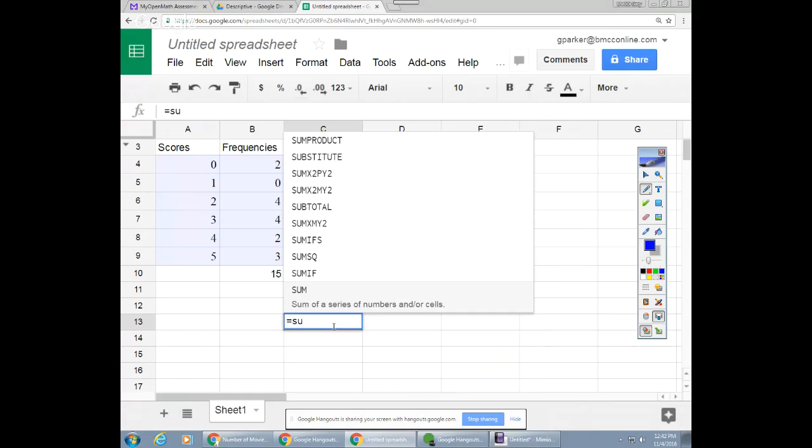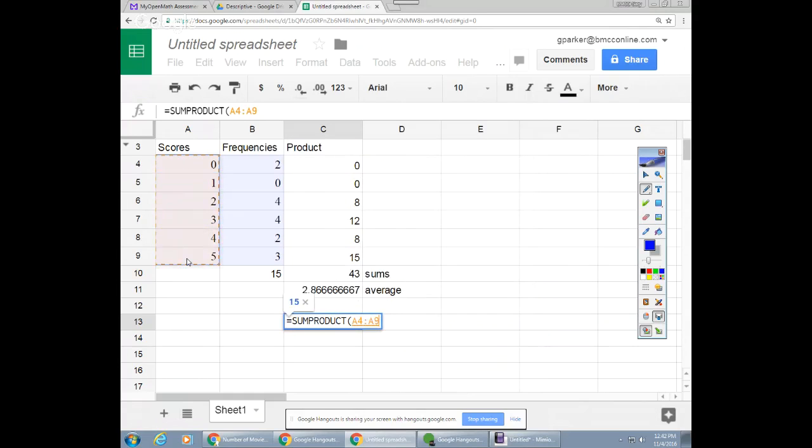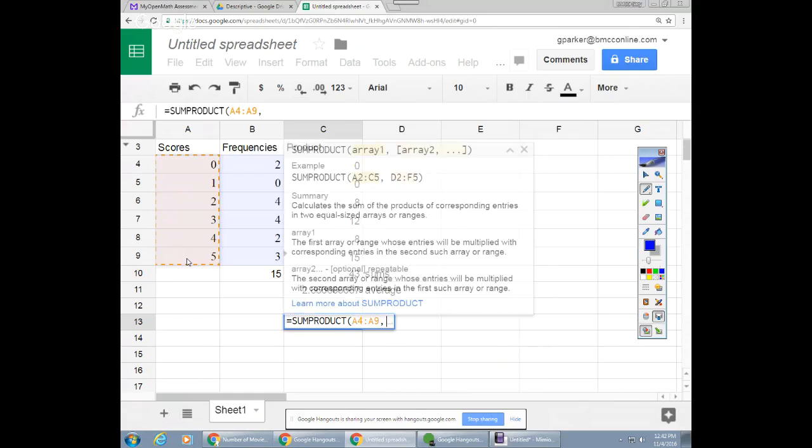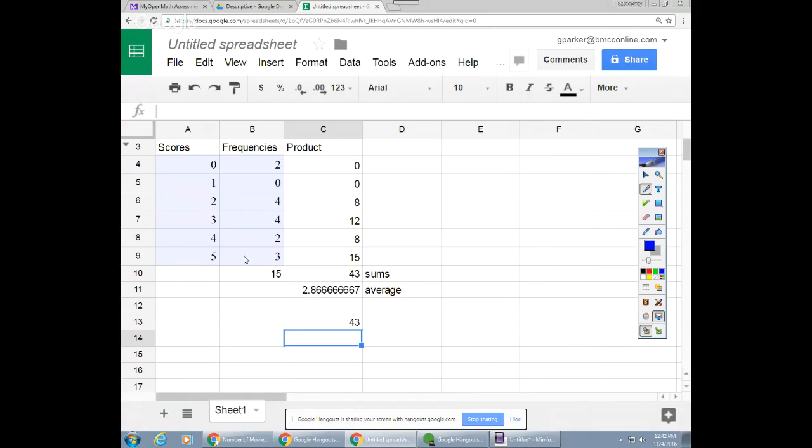Hey, there's a formula called sum product, which allows us to bypass that extra row. And so what the sum product says is, okay, give me your first row or column of numbers. Okay, here's my first row or column of numbers. Then it says, okay, give me a comma and give me any other rows or columns of numbers you need to. And so there's my 43.